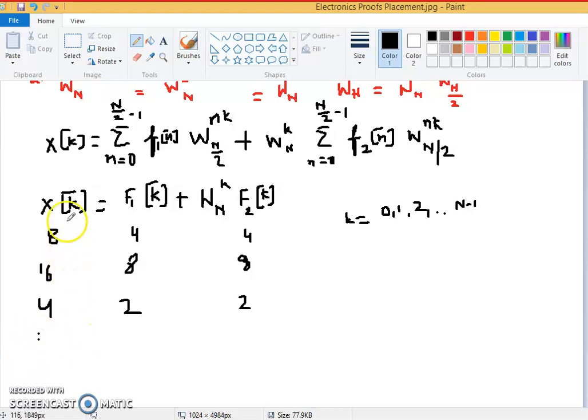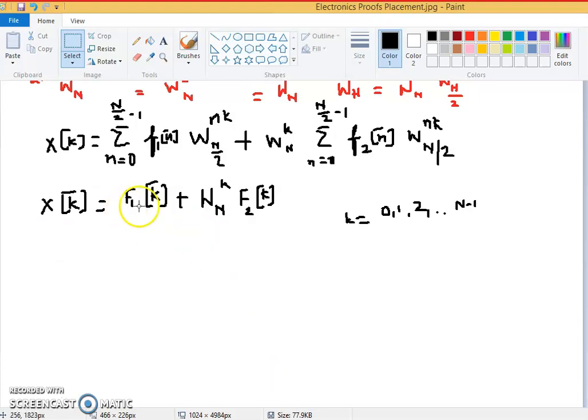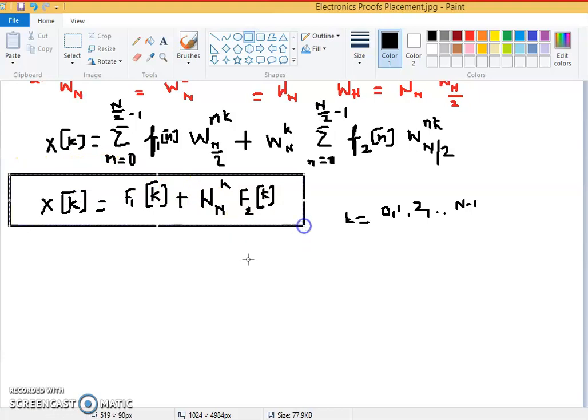So basically a higher order DFT can be regarded as a sum of two lower order DFTs. This is how we can interpret this expression, dividing X[k] into F1[k] and F2[k].